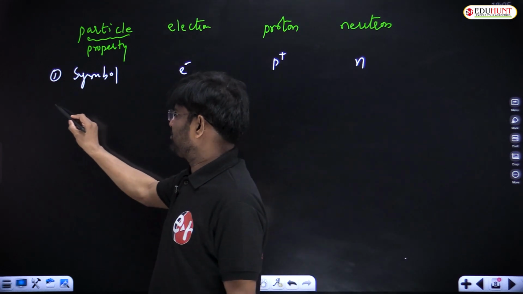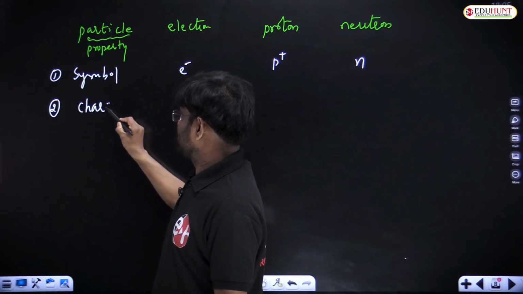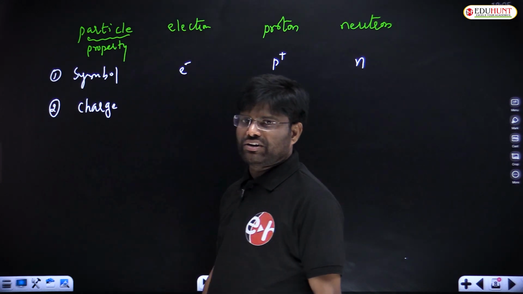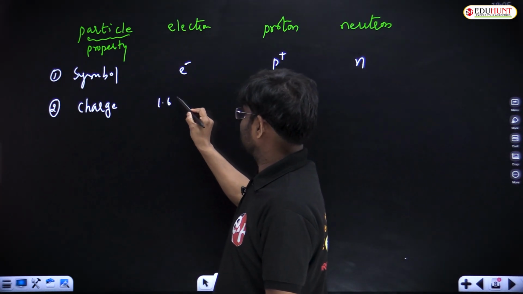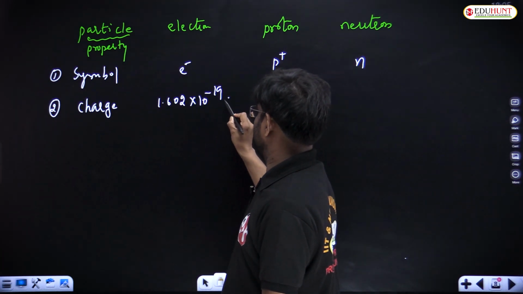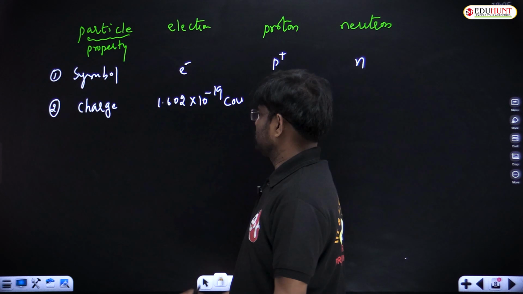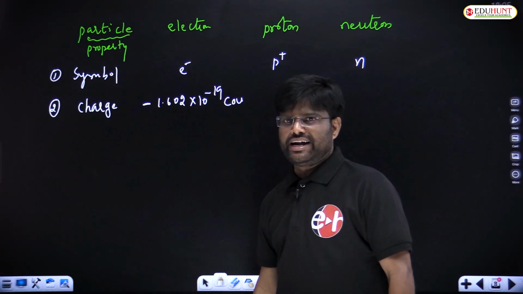So next one, charge. Charge of electron is 1.602 into 10 power minus 19 coulombs. This is coulombs, and it should be written as negative.